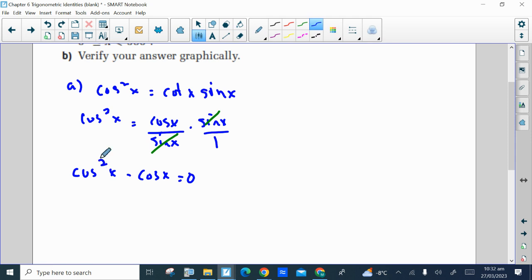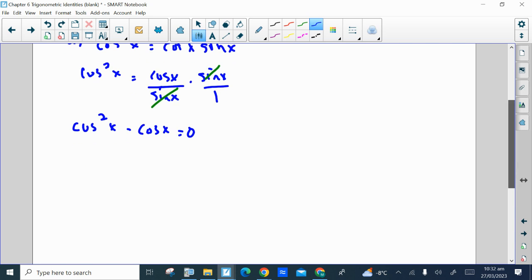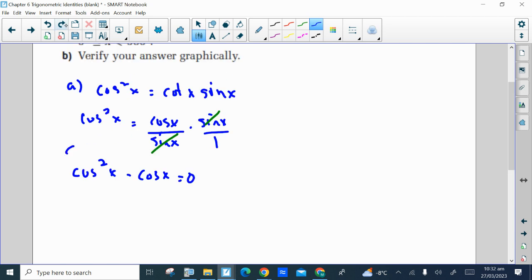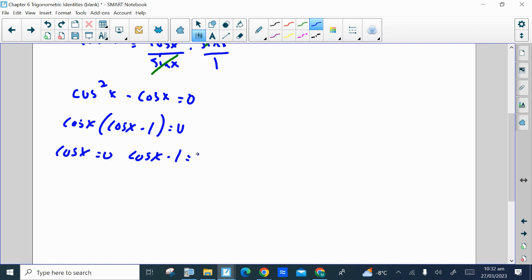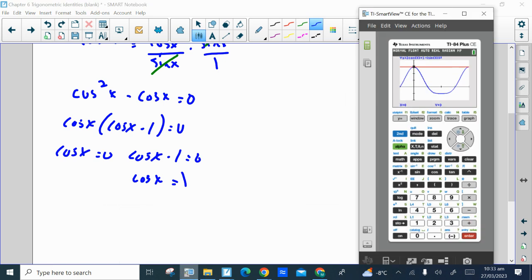So that can be factored by taking out a common factor of cosine x. Right? So you make both factors equal to 0, and our solutions will be where the cosine of x equals 0 and positive 1. In degrees now.